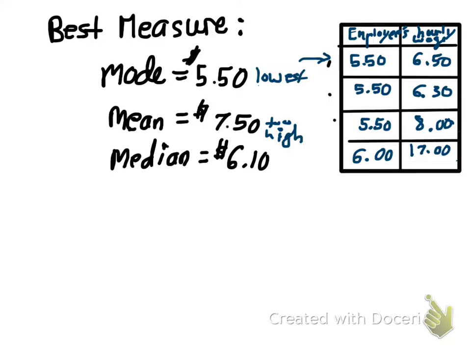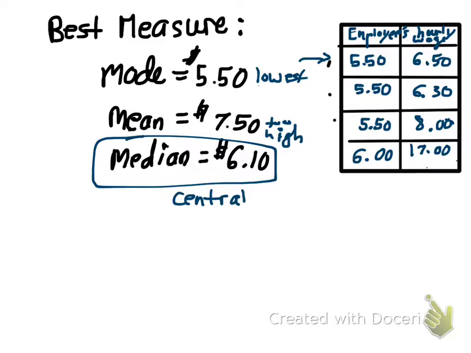But the median, we would say, is the best measure because it actually shows the central tendency. It's not influenced by the size of the outlier. In this case, it's not the lowest number and it's not the highest number. It's right there in the middle. We have several people getting 5.50 and a few getting higher, so the median really shows us the central tendency in this particular case.